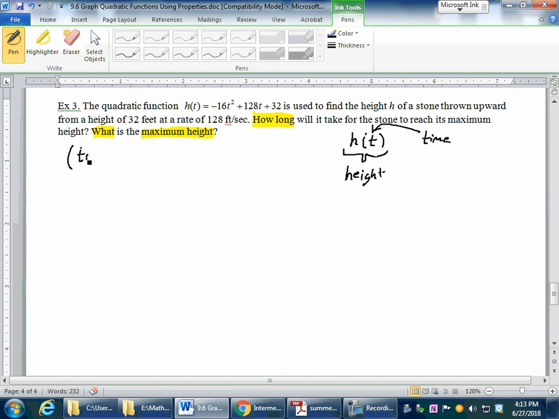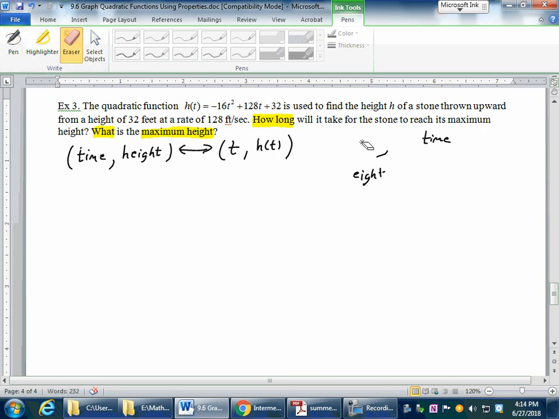The time is my input and the height is my output. So therefore, you can relate it back to your x coordinate and y coordinate idea once you have the ordered pair. So this basically implies that here's my t and h of t in an ordered pair, right? The height. So for every application problem like this, you have to look at your ordered pair first, so that way you know what you need to look for.